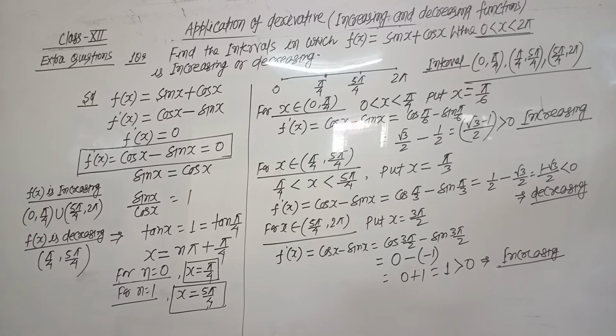So this is the solution. Decreasing in pi by 4 to 5 pi by 4 and increasing in 0 to pi by 4 union 5 pi by 4 to 2 pi.